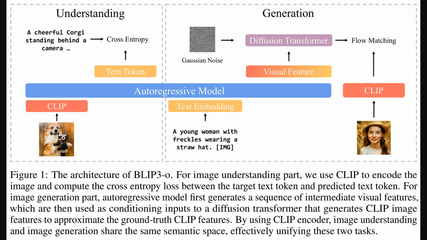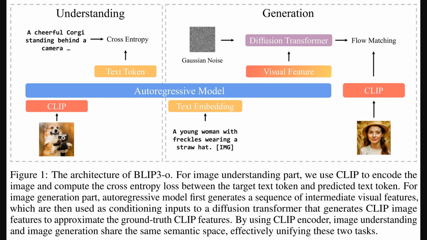Then, on the right, for generation, the process starts with text. This text is converted into a text embedding, which is basically a numerical summary of the text's meaning. This text embedding, along with the autoregressive model producing an intermediate visual feature, feeds into the diffusion transformer.